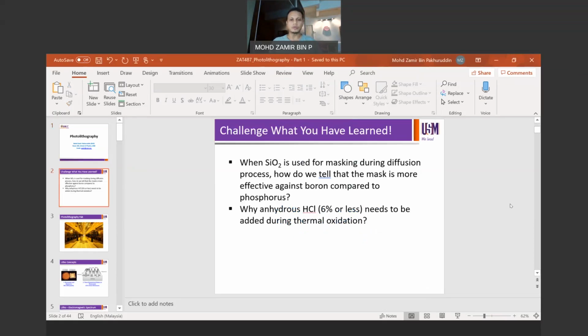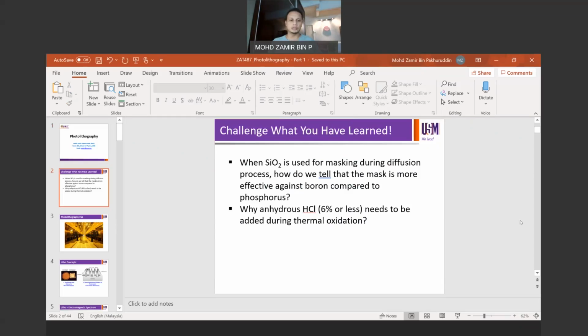So I want you to go through these two questions and try to understand what answers are required. For example, the first one: when we talk about silicon dioxide as a mask for a diffusion process, how do you tell that the mask is more effective against boron or phosphorus dopant?